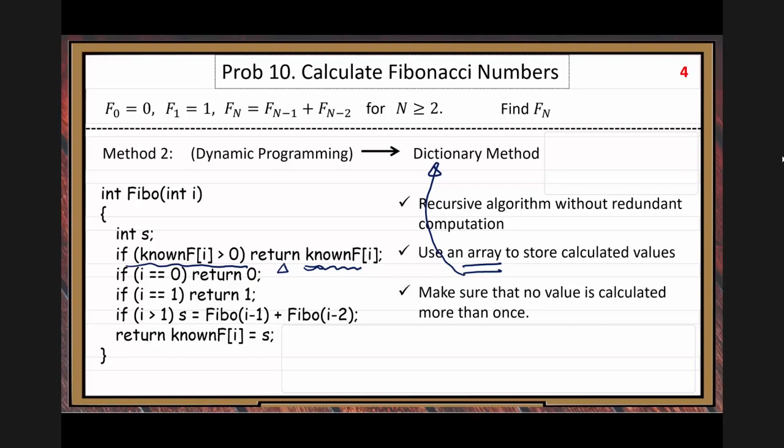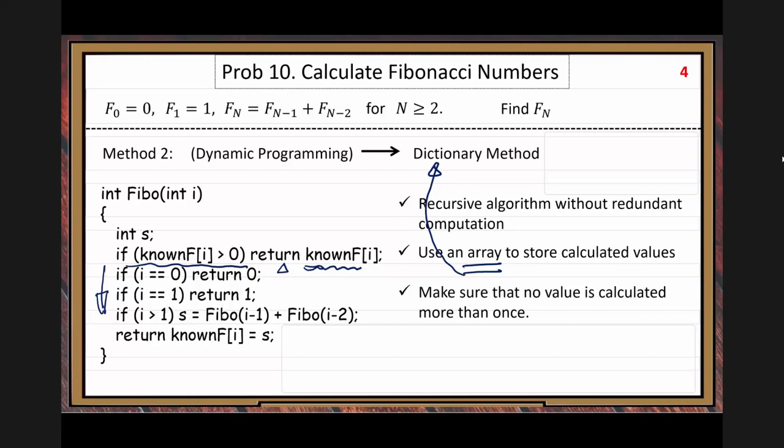After you return, you do not execute the remaining lines. When you go to the remaining lines, that means the value is not known, and you need to do the calculation.